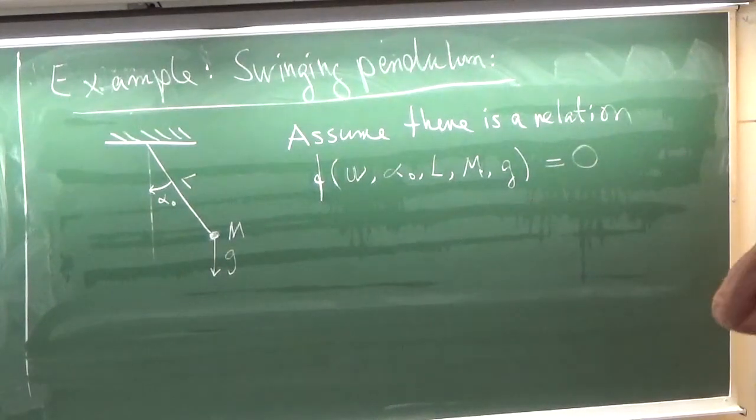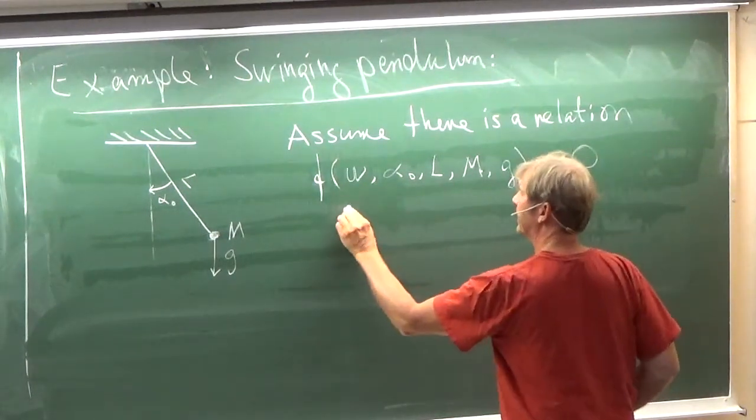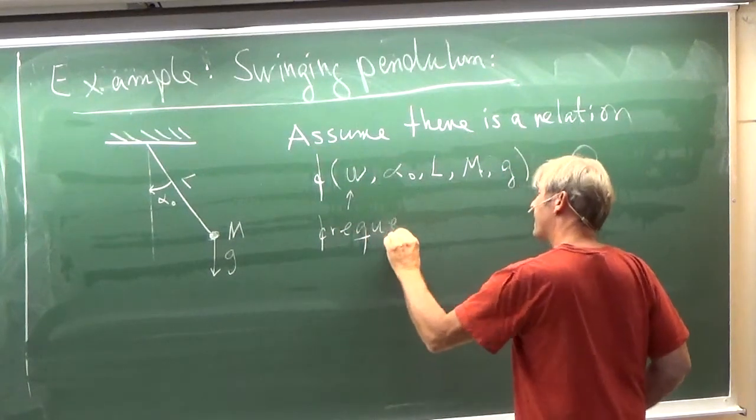The pendulum would probably behave differently on Mars. So this is like a function of g, alpha naught, the frequency.